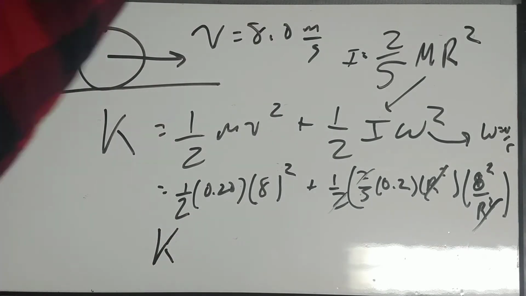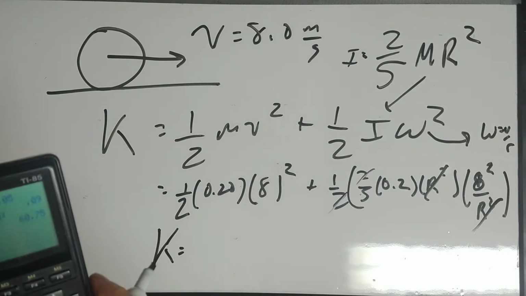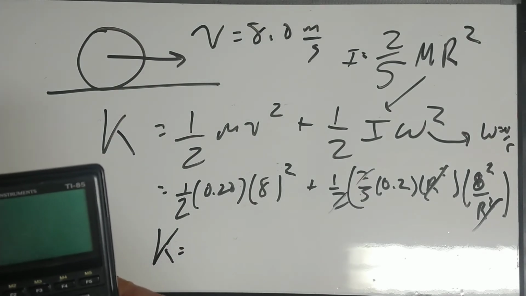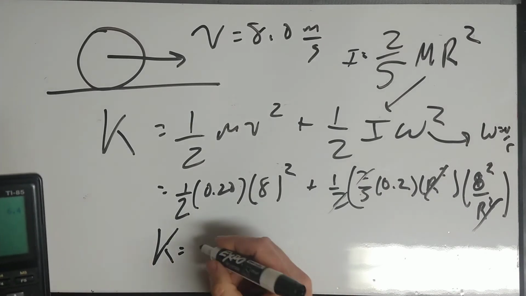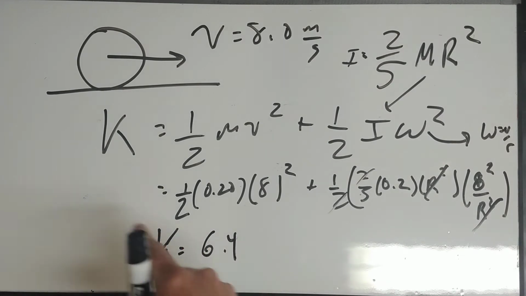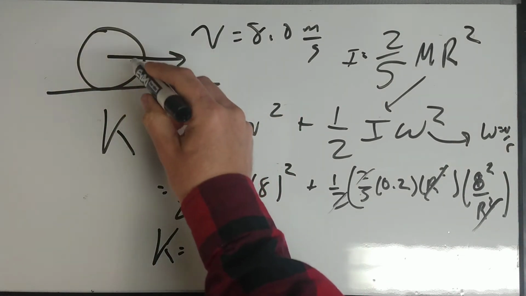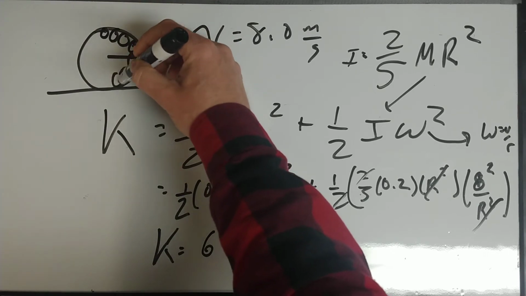Well, let me just go ahead and calculate it for you quick so you can see what the two components are. 0.5 times 0.2 times 8 squared is 6.4, which was the wrong answer that a lot of you selected. So that's the center of mass motion, but you've got to realize, think about this being a collection of molecules, right?